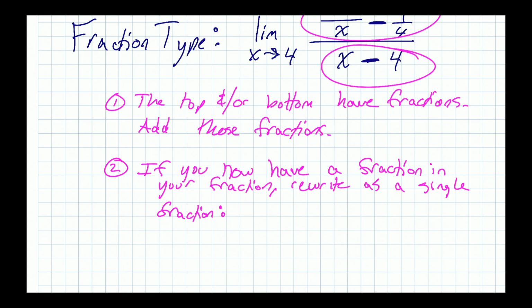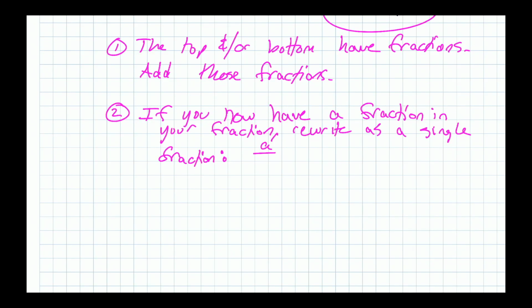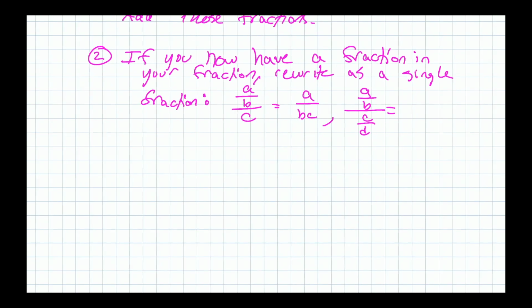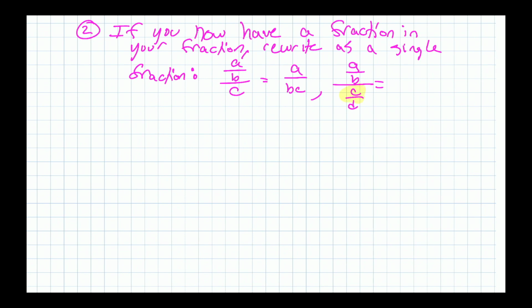How do you do that? Well, like this. If you have a over b over c, that's just a over bc. If you've got a over b over c over d, when you have a fraction over a fraction, you take the one in the denominator and you rewrite it so it's multiplying by the reciprocal. So you use the reciprocal and rewrite it as a over b times d over c.